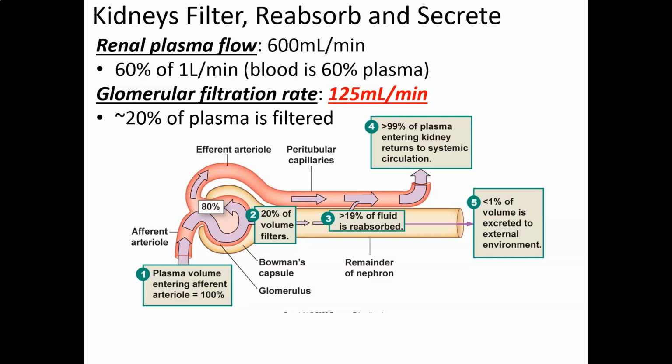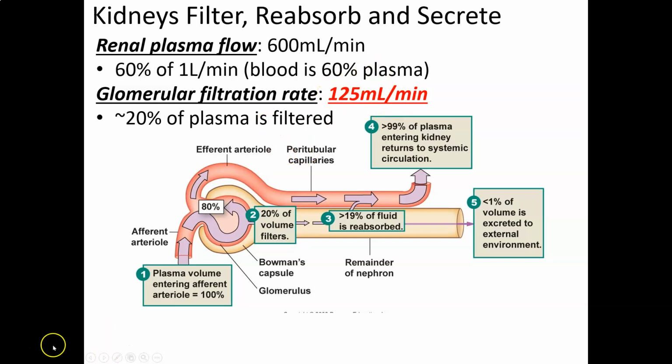And since plasma is about 60% of your blood, give or take, then the average person has about 600 mL per minute of plasma that goes to the kidneys. Now, we mentioned earlier that of that plasma, about 20% or so is filtered. It means 20% becomes ultrafiltrate, right? So looking at that number, 1/5 or so of 600, it's about 125 mL per minute.